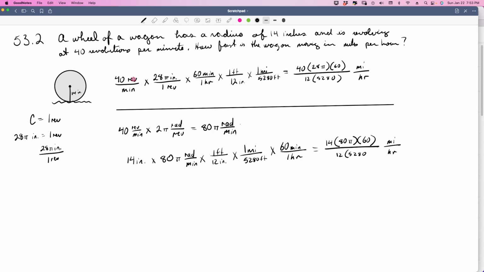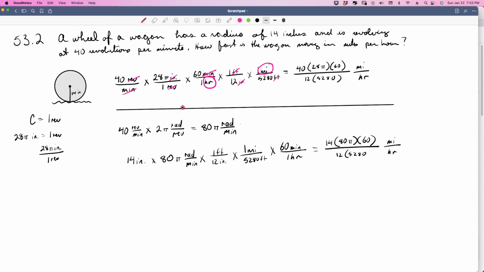So that cancels my revolutions per minute. I canceled revolutions here by creating this unit of reference. And then I went to inches, so I canceled inches here and then went to feet. So I canceled feet here, and now I'm in miles, and miles is my ultimate unit of measure in my numerator. And then for revolutions per minute, I want to go to hours, so I converted minutes into hours.